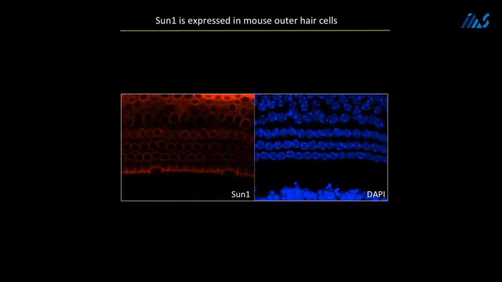So what one might predict is that if you can screw up hearing with deletion of an outer nuclear membrane KASH domain protein, maybe you'll have the same effect if you delete its cognate SUN protein in the inner nuclear membrane. So hopefully you can see here that SUN1, it turns out, is the only SUN domain protein that we can detect in inner hair cells and outer hair cells.